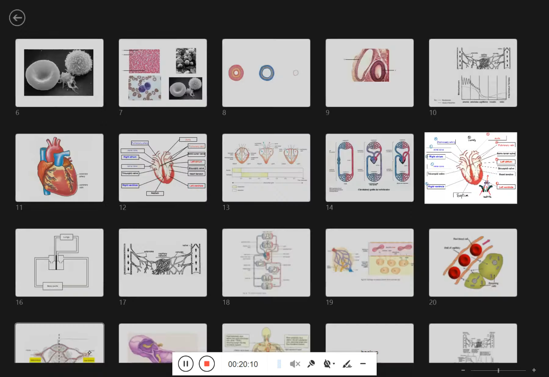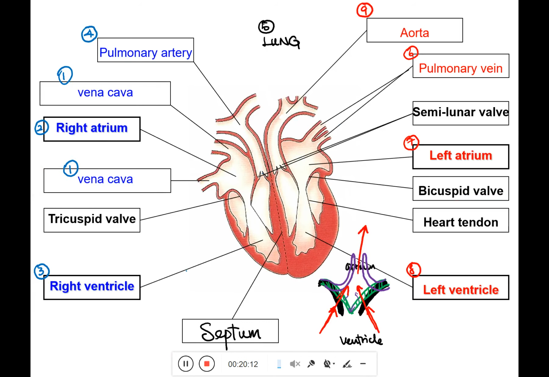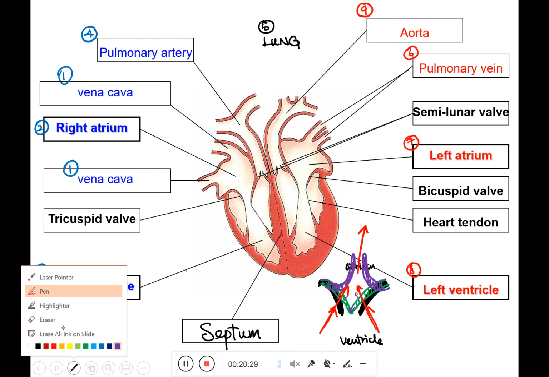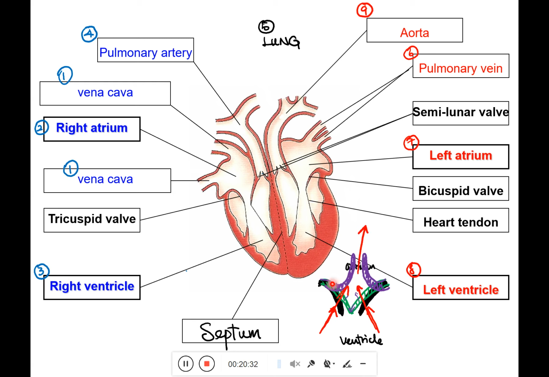This situation, we say that the valve is being turned inside out. The inside of the valve becomes the outside. Let's check. Right? This should be the inside of the valve.